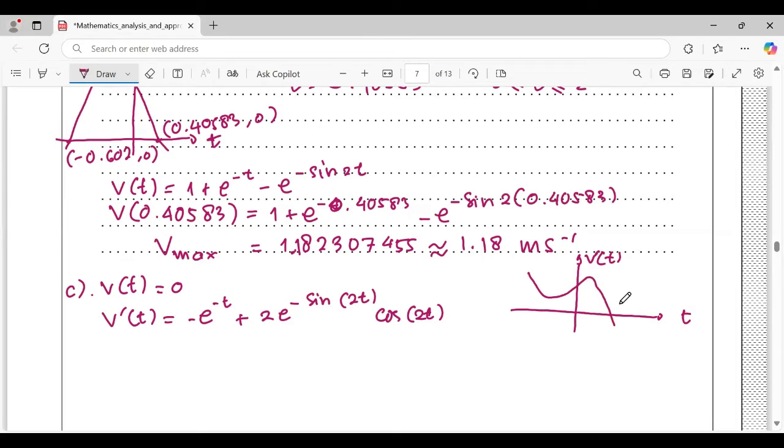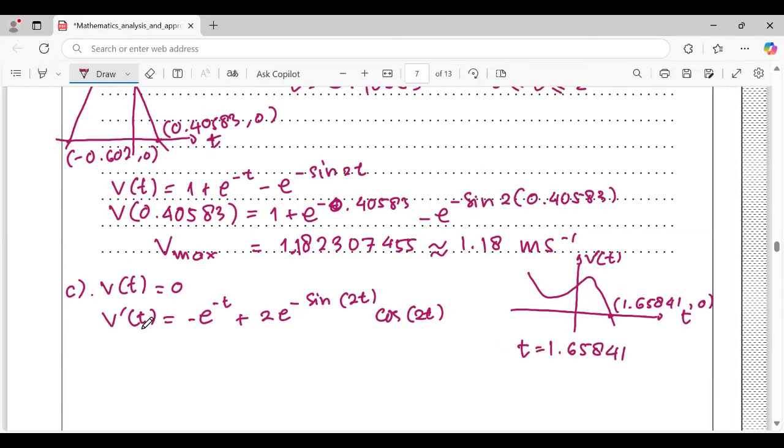And the intercept point between this graph and the t-axis is on 1.65841 and 0. So t equals 1.65841.